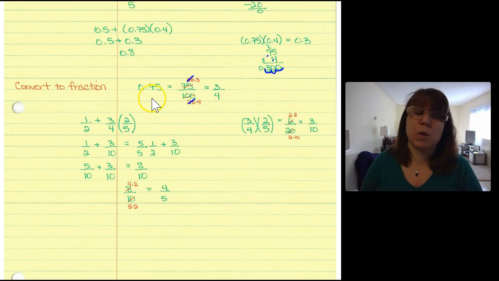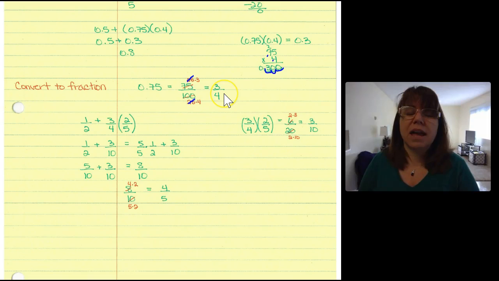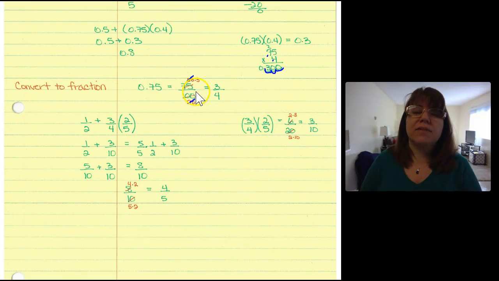Now, if you just know that 0.75 is 3/4, you can jump to that solution, but if you don't, just say, oh, that's 75 over 100, and reduce as much as you can, you get down to 3/4. Writing 3/4 where the 0.75 was, so I have 1/2 plus 3/4 times 2/5.